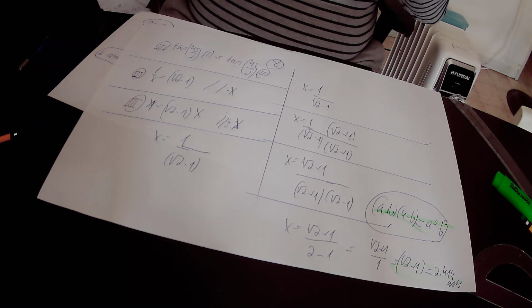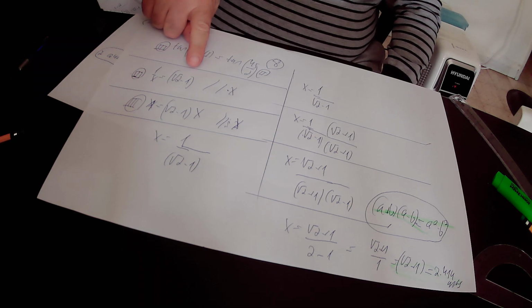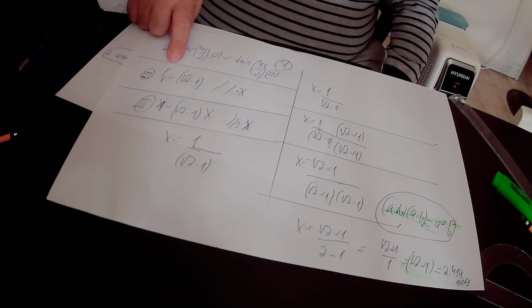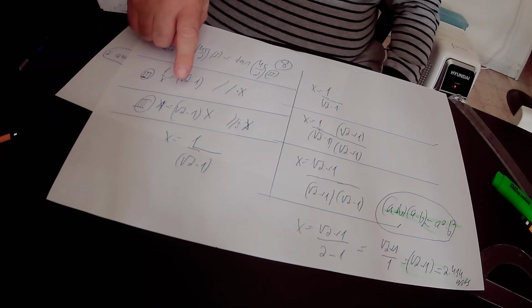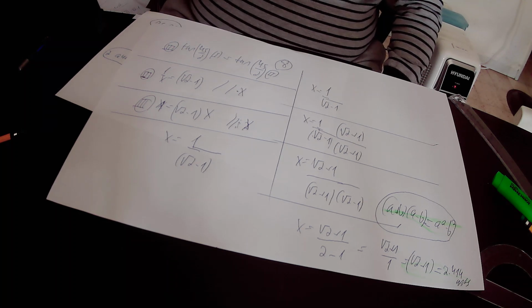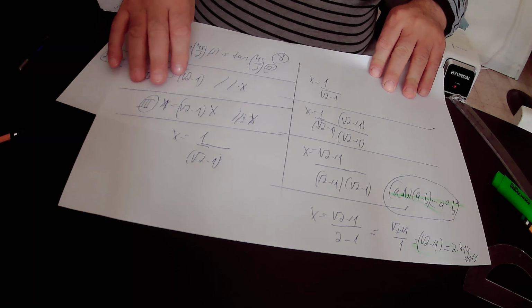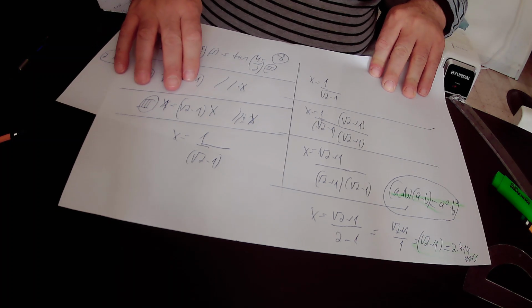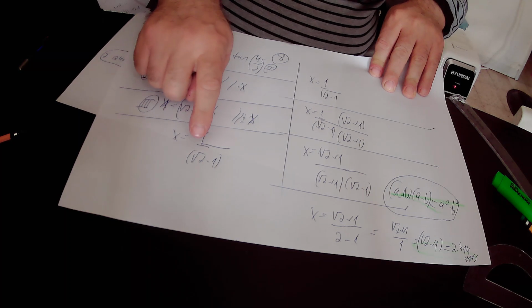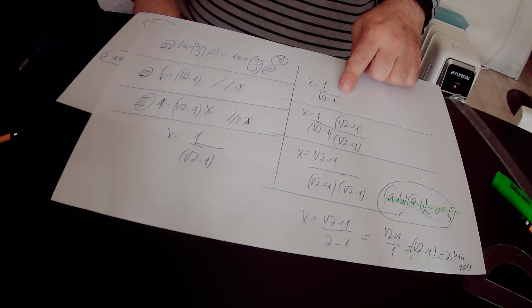So in conclusion, according to equation number 3, 1 over x equals the square root of 2 minus 1. Here we multiply this equation by x and find that 1 equals the square root of 2 minus 1 times x. Then we divide equation number 3 by the square root of 2 minus 1, and finally find that x equals 1 over the square root of 2 minus 1.